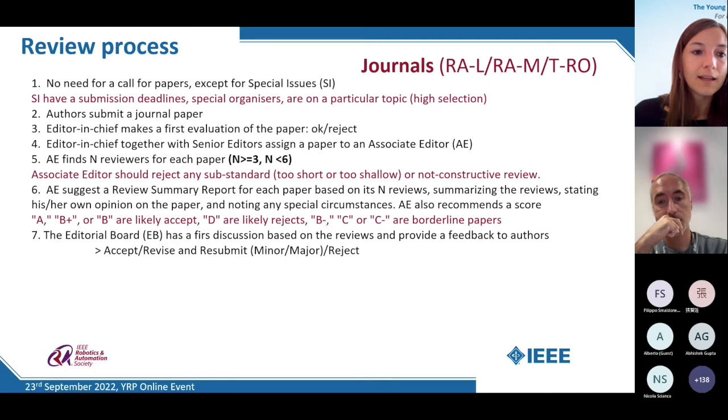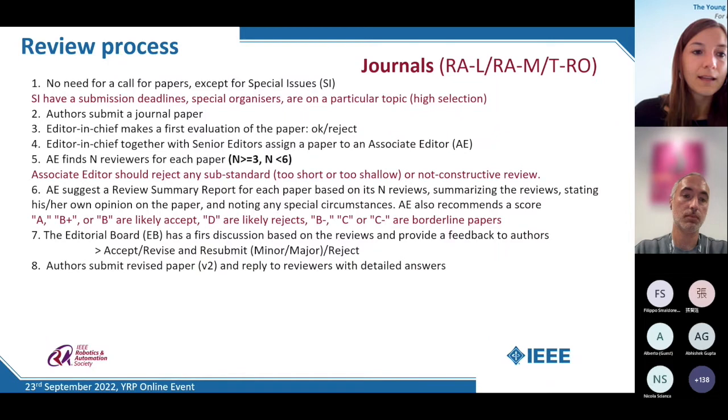For example, it's minor whenever you just need to clarify some points or maybe reorganize the paper a bit, while the revision will be major whenever you need to do more experiments or, for example, include more explanation about your methods or make very big modifications to your paper. Finally, there is even the rejection. If the editorial board thinks that your paper is not ready for being published, they will reject it.